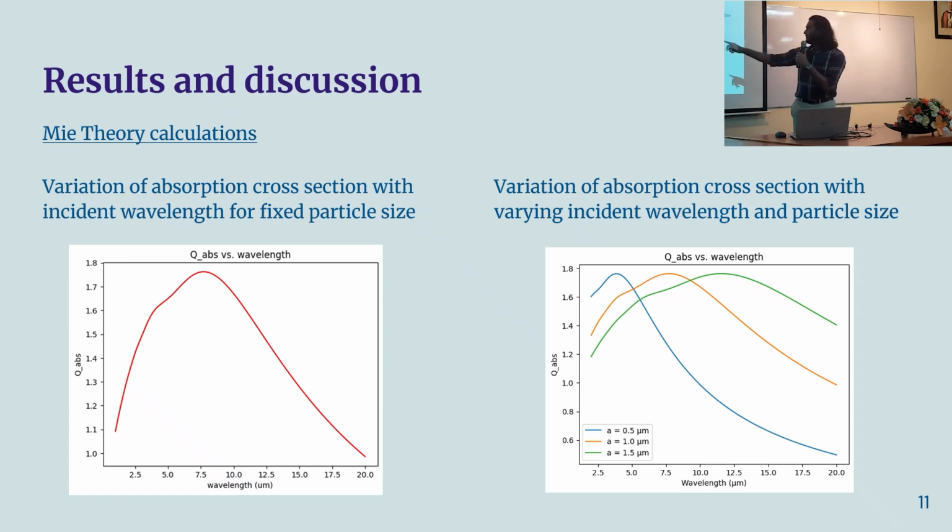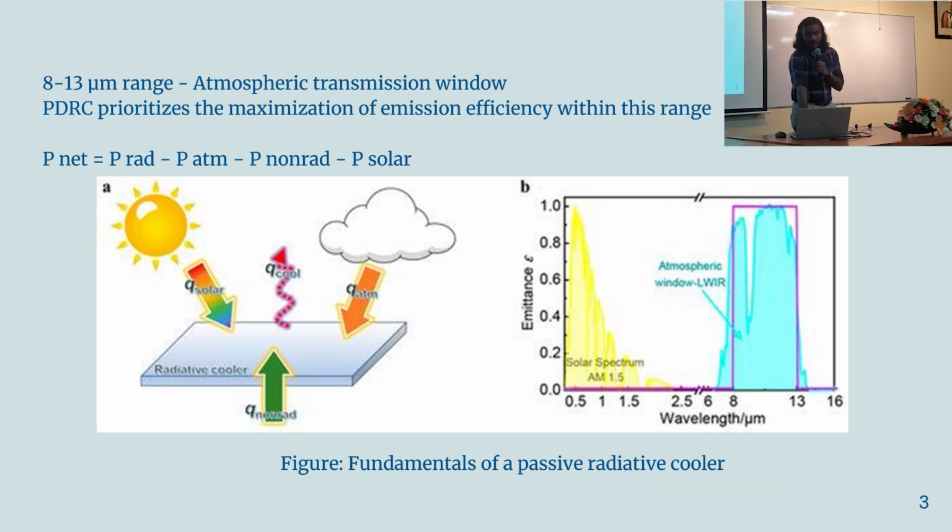So plots like these are somewhat similar to this. In the 8 to 13 range, emittance or absorbance is maximized. It has a really high value there and a low value outside of it.